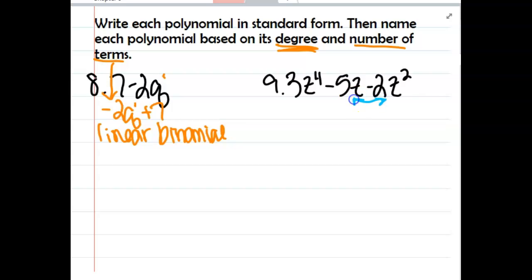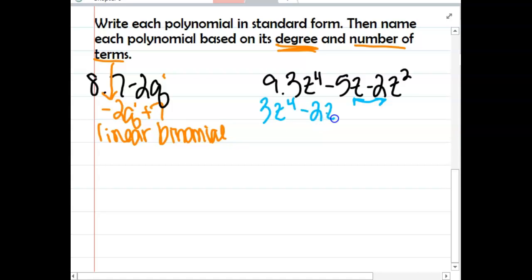I need to flip these around. So we're going to do the 3z to the 4th. Remember, carry the signs with them. This is a negative 2z squared and a minus 5z. That's the first thing, write it in standard form.